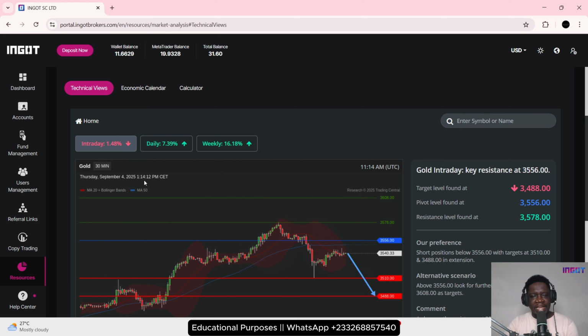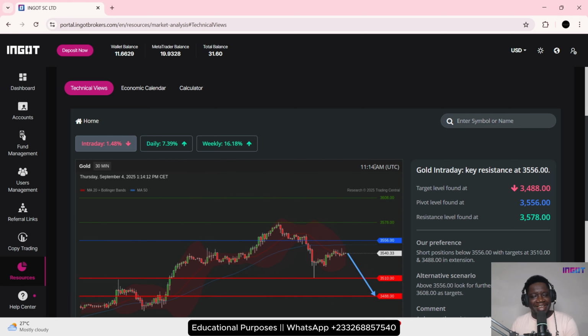Here you see 12:14 p.m. CET. CET is short for Central European Time. So 12:14 CET is the same as 11:14 a.m. UTC, where UTC is the same as GMT, so you don't have any problem.